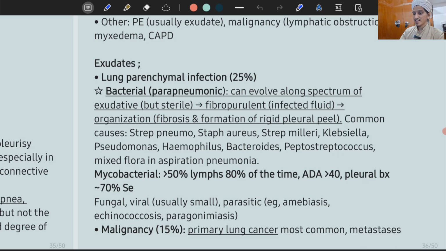Moving to the next cause, that is malignancy. Primary lung cancer is the most common cause. Metastasis from the regional structures is the second most common cause of pleural effusion. Okay, and they are exudative in nature, hemorrhagic. We will discuss later on. Moving forwards.